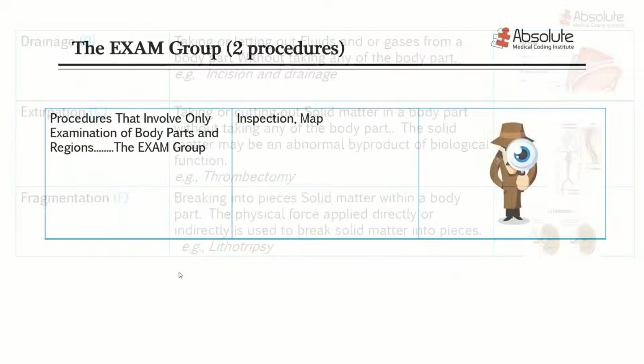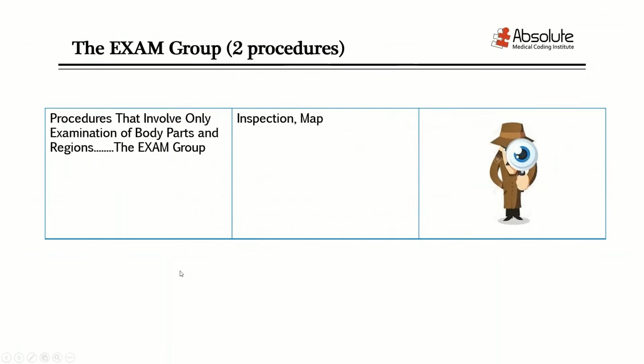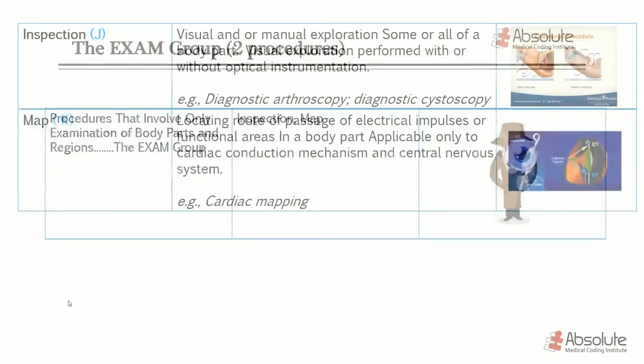Okay, coders, so say goodbye to those unwanted and say hello to the exam group. There are 2 procedures, and this represents procedures that involve only examination of body parts and regions. Example, inspection or mapping.